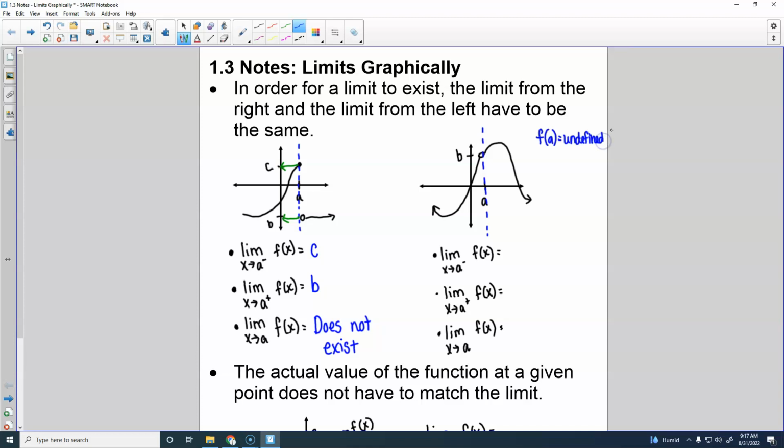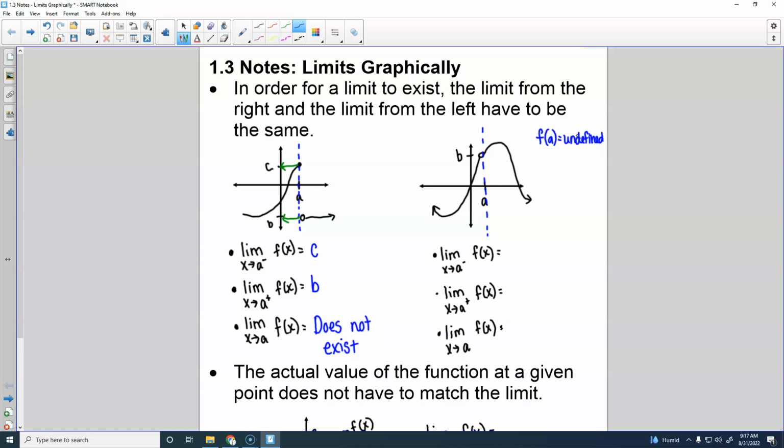And it is undefined because you've got a hole in the graph there. That hole tells us we're not including this one point, right? That happens a lot of times when you have something that's going to make the denominator of a fraction 0. You get just one little hole in the graph. So this is going to be undefined at that point, but that doesn't matter for limits, right?